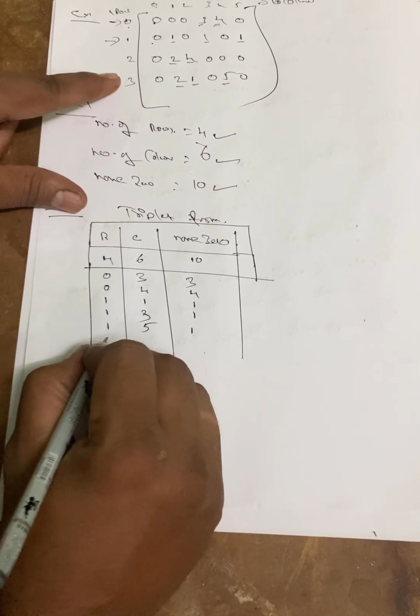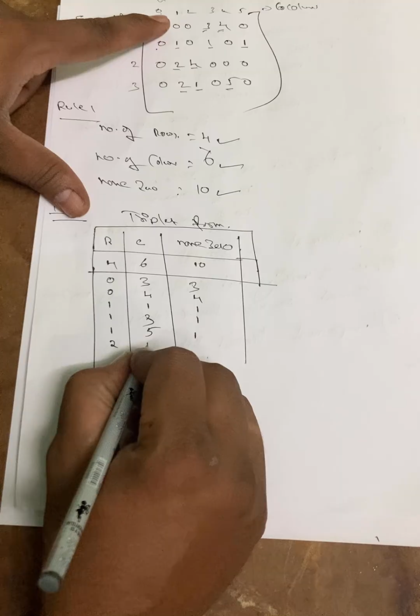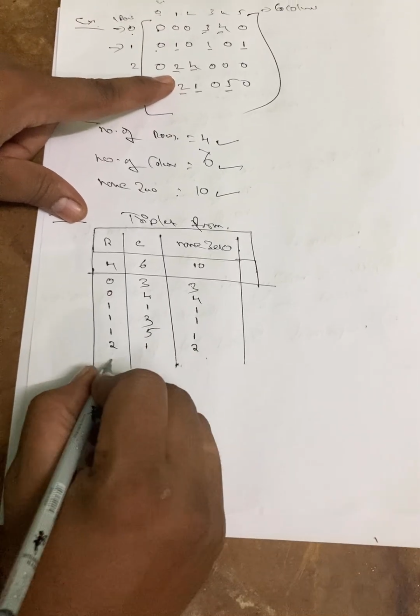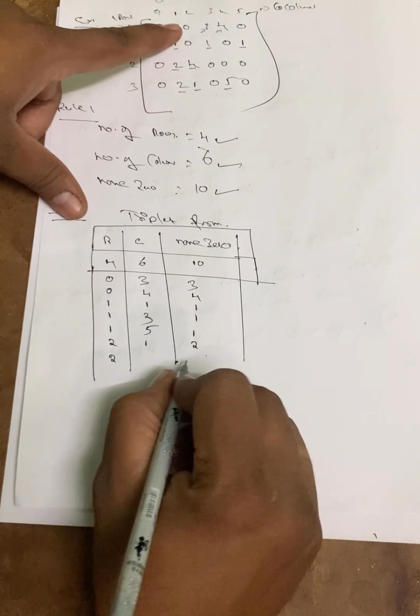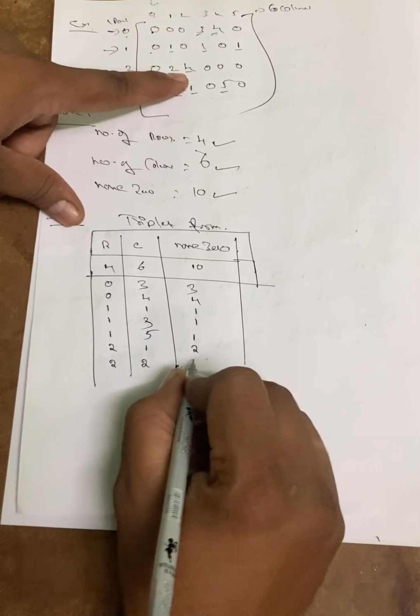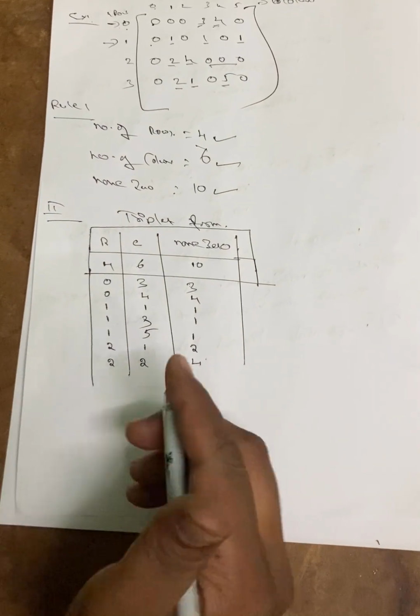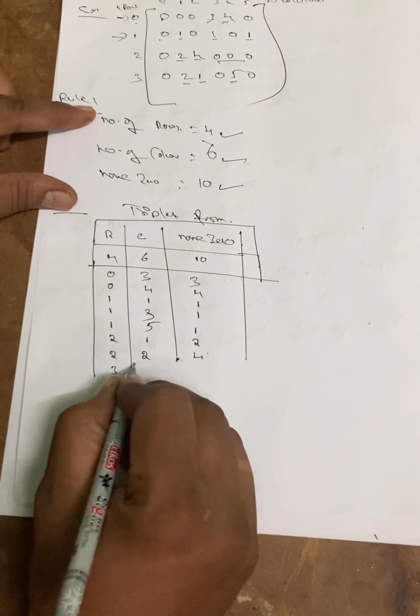Now in the second row, first column, value is 2. Second row, second column, value is 4. And we don't find any more non-zero elements in the second row.